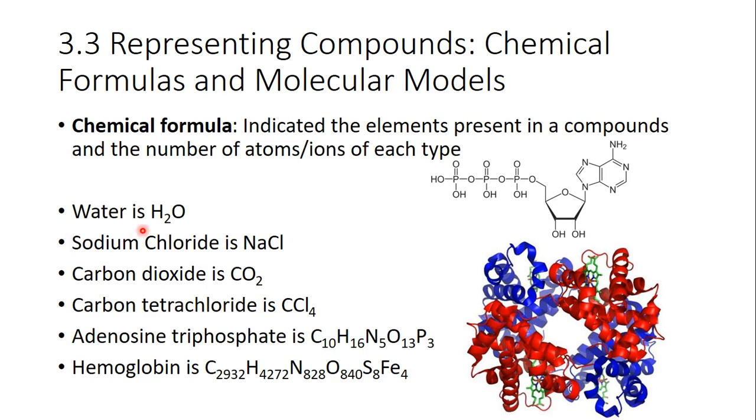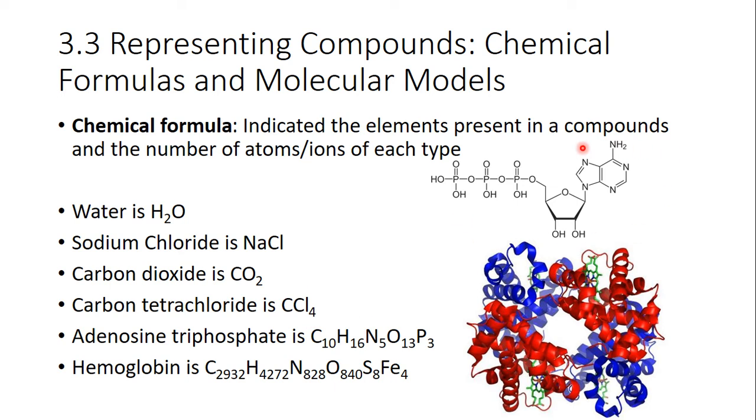For example, water, H2O, 2 hydrogens, 1 oxygen. Sodium chloride, NaCl, 1 sodium, 1 chloride. Carbon dioxide, CO2, 1 carbon, 2 oxygens. And you can do this for even very complex compounds.